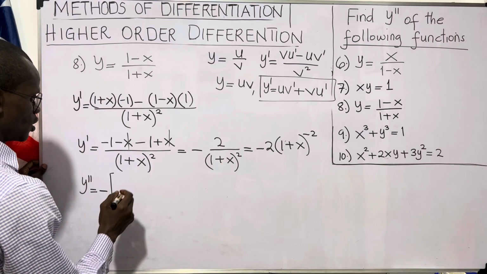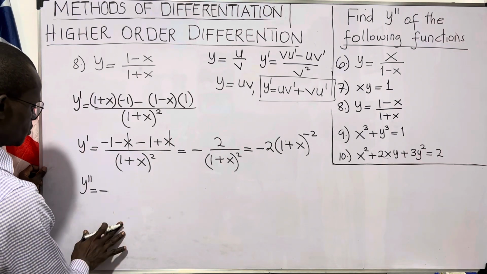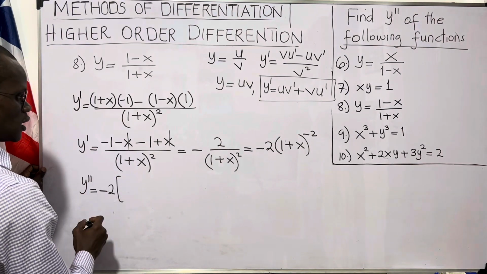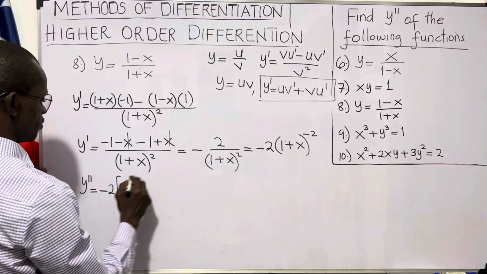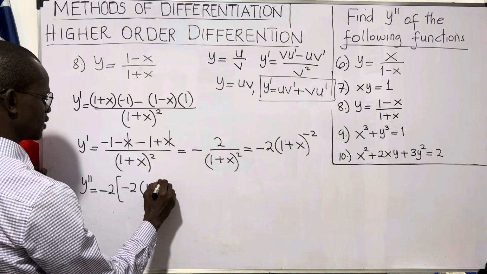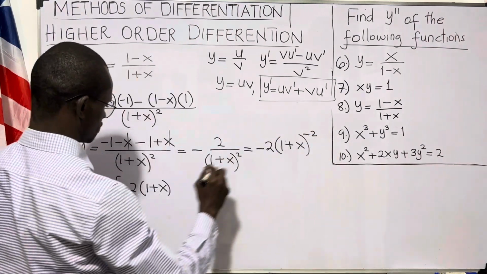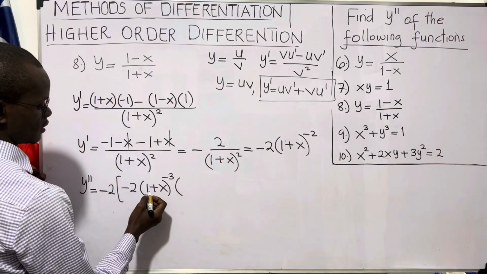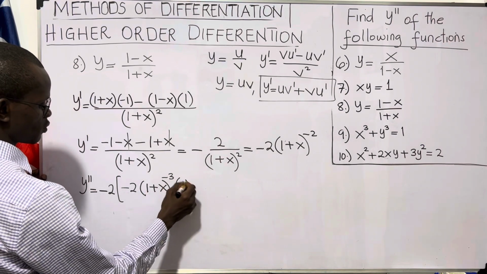Let's just put the entire minus 2 outside. Then we can find the derivative of this one. So we bring the power down, minus 2. We rewrite what is inside the parentheses. We subtract 1 from this power. It gives us minus 3. Then we differentiate inside. The derivative of 1 is 0, and the derivative of x is just 1.